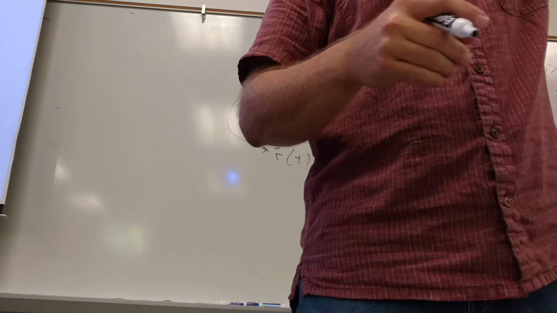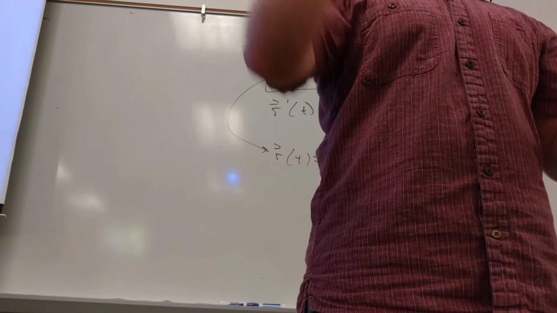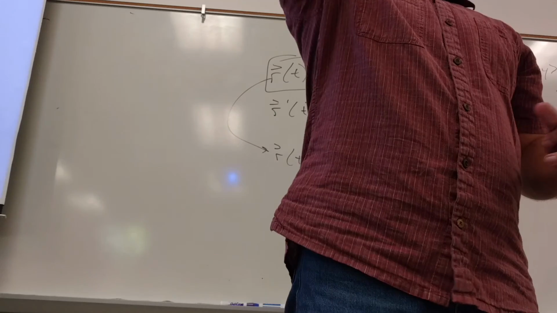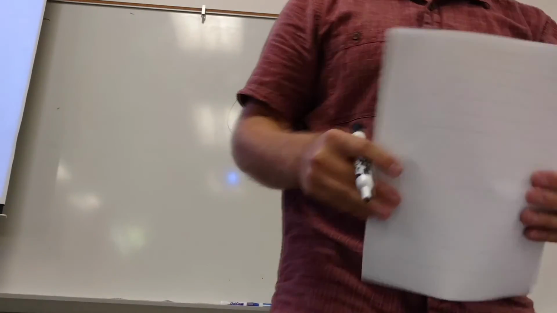This practice test, you don't have to do it all if you don't want to. I'm going to have the answer key on Monday. Number 7 is from 13.3. We didn't quite do enough for that yet.